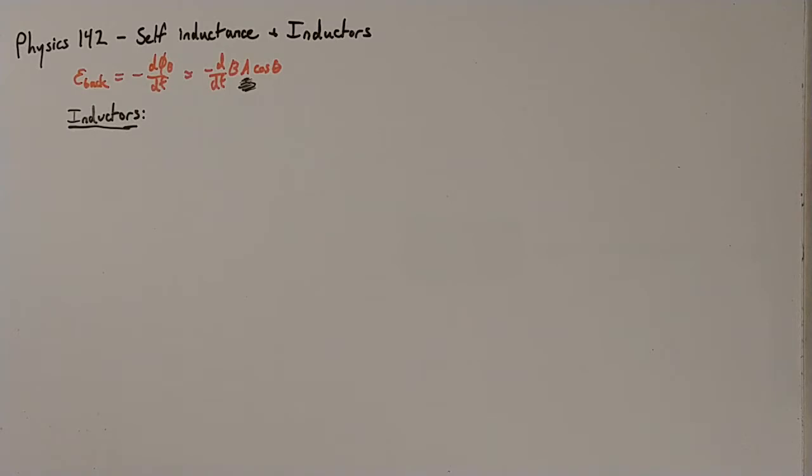And this actually can be a really useful phenomenon, so useful that people actually create circuit elements whose main job is to create back EMF, to create this self-inductance. These circuit elements are called inductors.